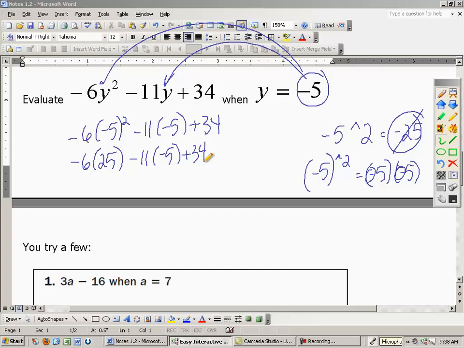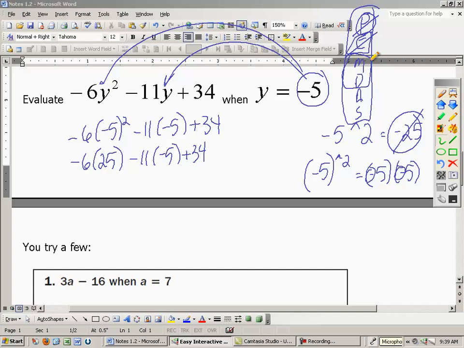Now we're going to go ahead. We've evaluated our powers. Again, if we go back to our Please Excuse My Dear Aunt Sally, there was nothing to do within the parentheses, so we went ahead to exponents, and we performed our exponent of negative 5 squared. Now we're going to do multiplications and divisions as they appear from left to right.